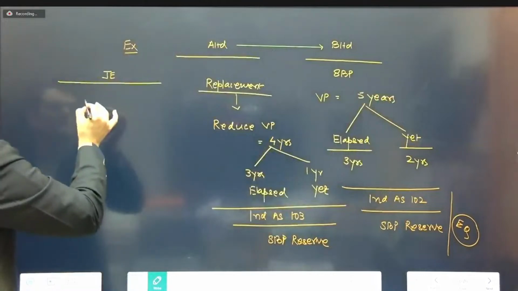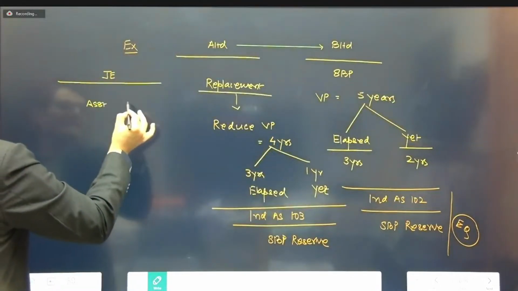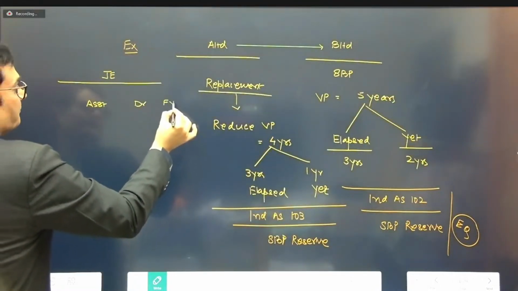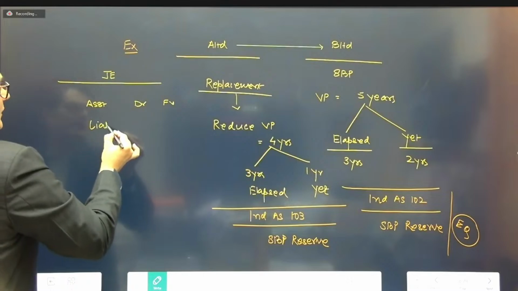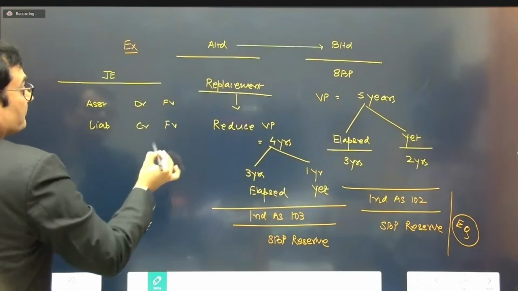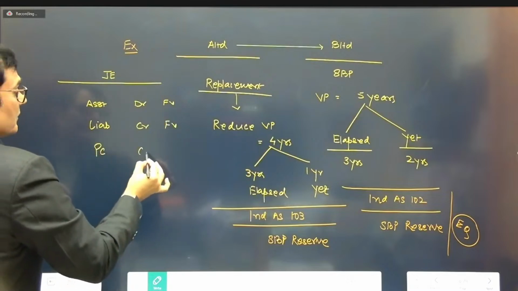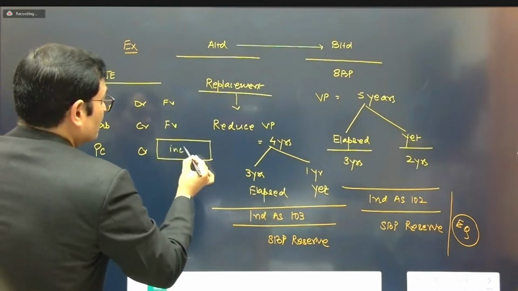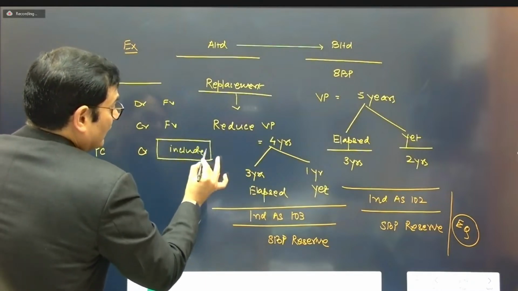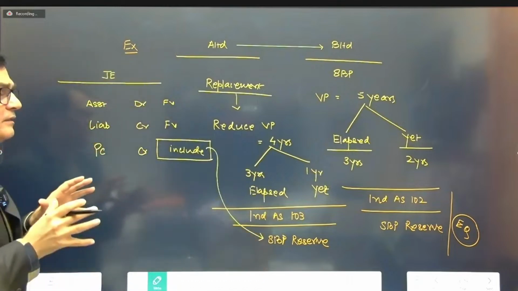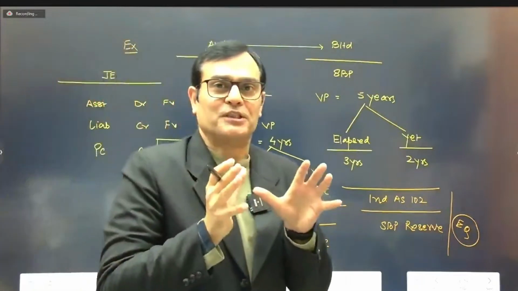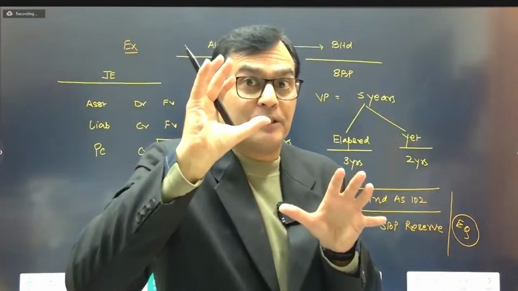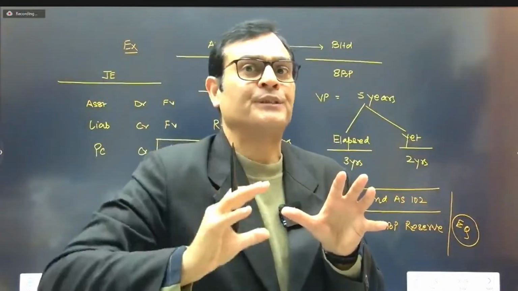He is going to record the assets at fair value. He is going to record the liabilities at fair value. And when I consider the purchase consideration, I will include this SBP reserve as a part of the purchase consideration so that it appears as a part of the entry.